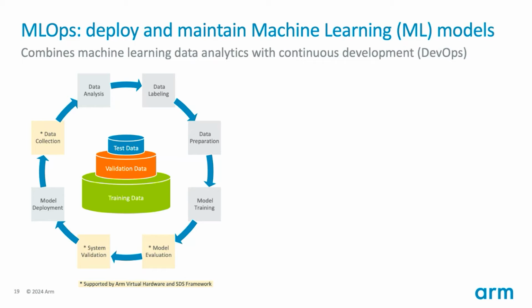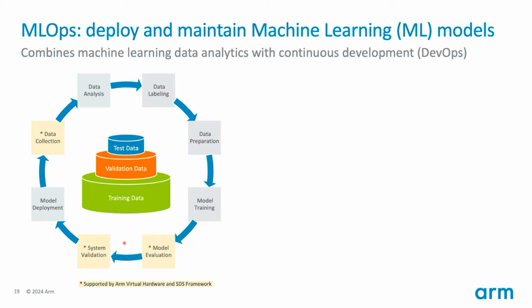So MLOps is a process between data scientists, DevOps, and machine learning engineers to transition the model to a production system. MLOps applies to the whole product lifecycle, and as you can see here, it is an iterative process.